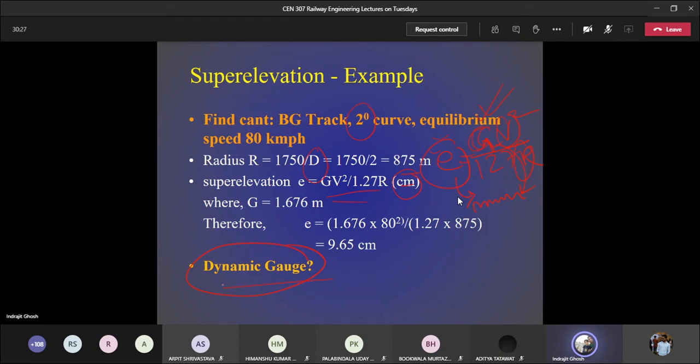So the dynamic gauge concept came into play: when a train is moving, we know that there is nosing action, there is zigzag motion. So the train is moving on one side, the wheel flange is going to hit the head of the rail, again it is coming back.